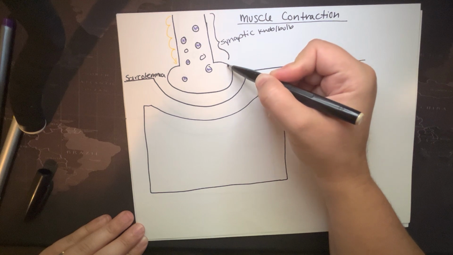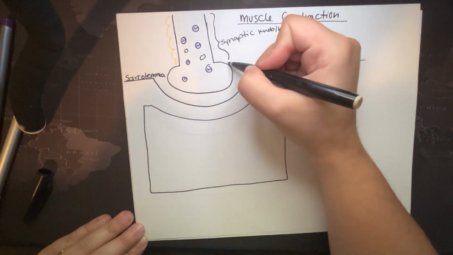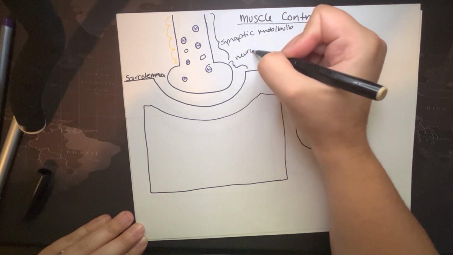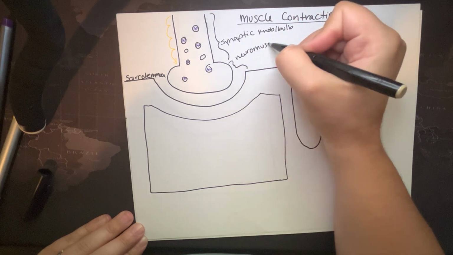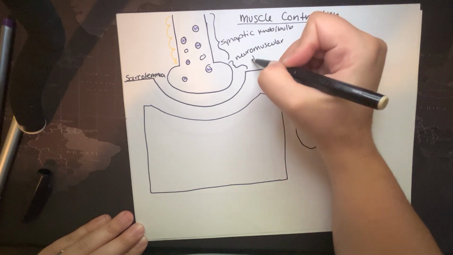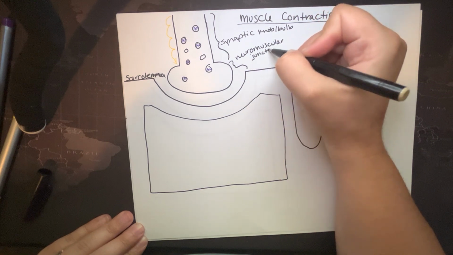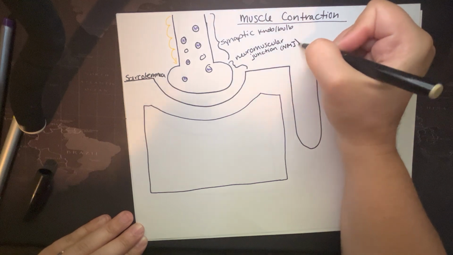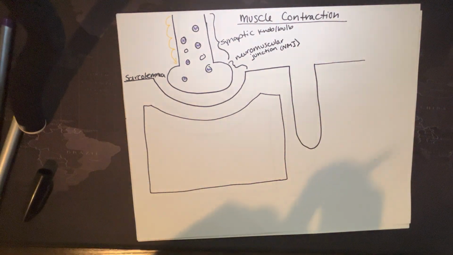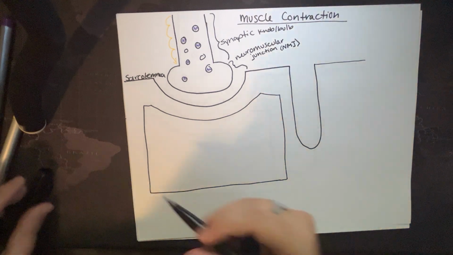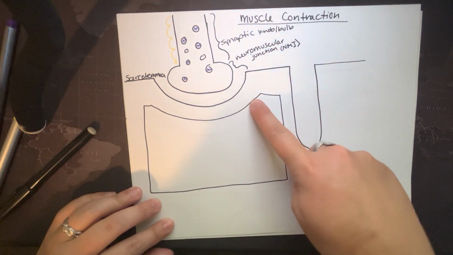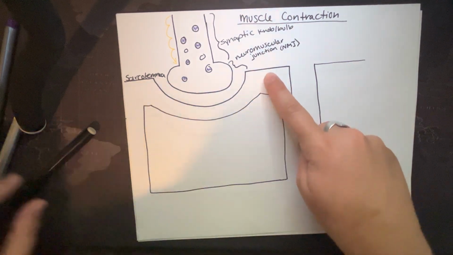We have the neuron meeting the muscle, and this we're going to call our neuromuscular junction, or our NMJ, our neuromuscular junction. So that is the actual neuron meeting our muscle tissue.